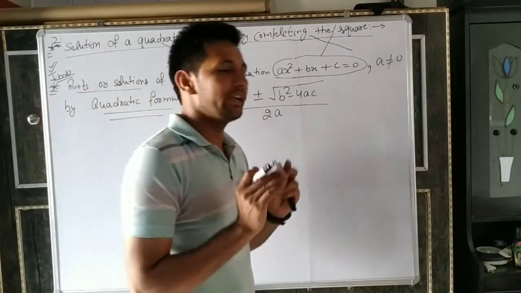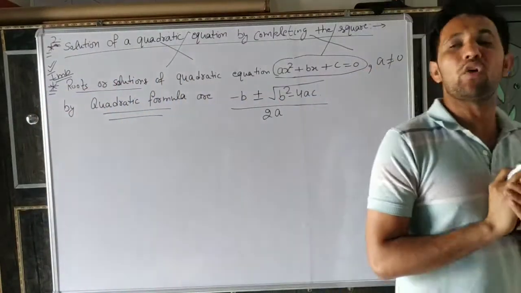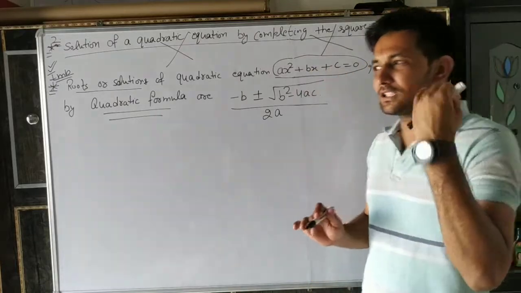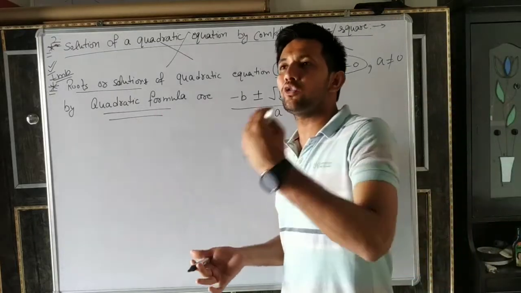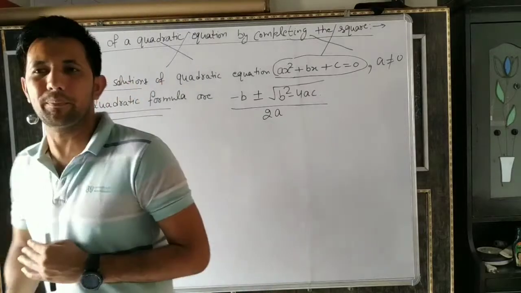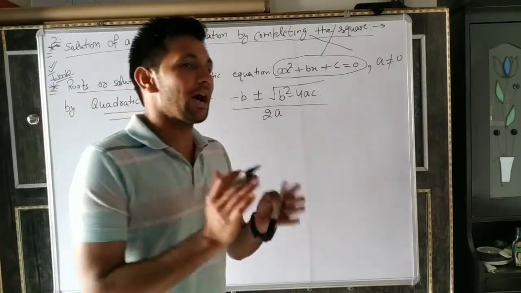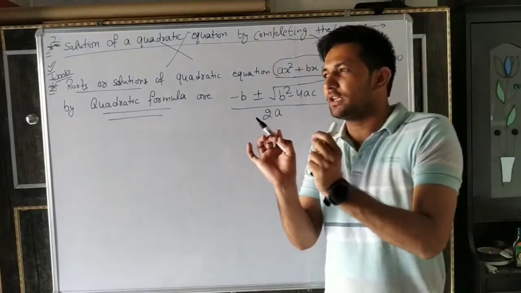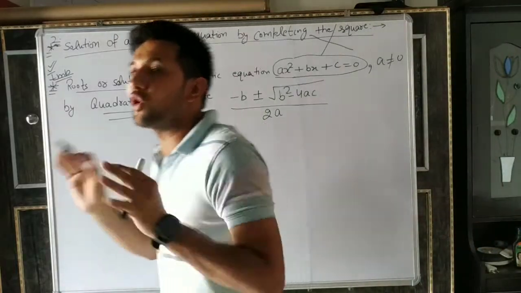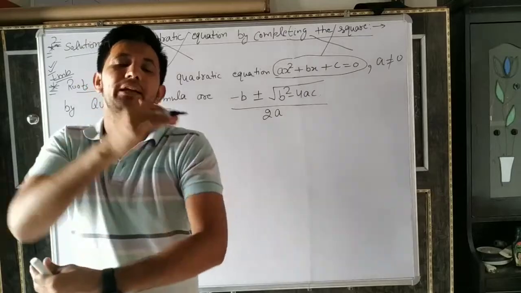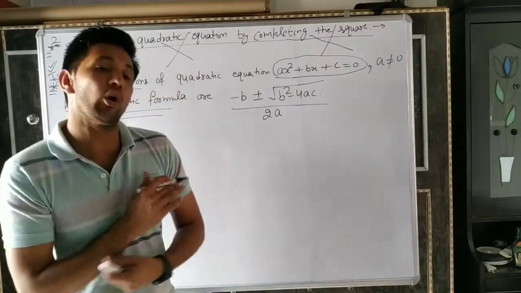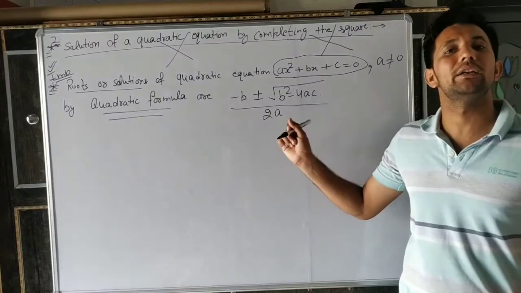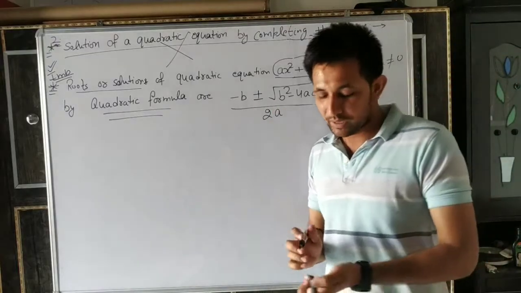It is very important also, dear, because in the last exercise we learned how to find the solution by splitting the middle term. And suppose in any question, if you don't know how to split the middle term, you can use this method directly. Understand? It is very important.